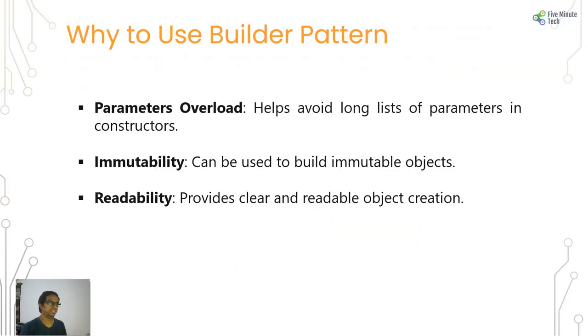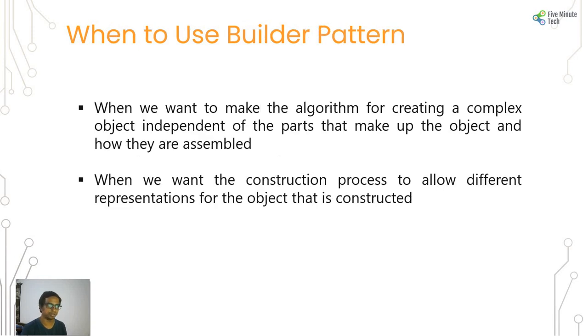So why use the builder pattern? We have a lot of parameter overload which happens in our programming, and it helps avoid a long list of parameters in our constructor. That's one way of handling better programming methods. And then we have immutability, it can be used to build immutable objects, and also readability, it provides clear and readable object creation.